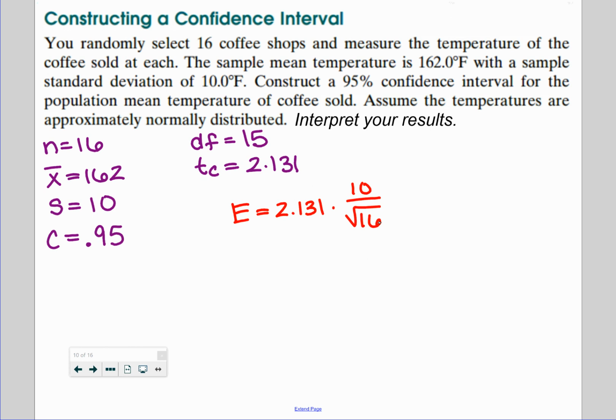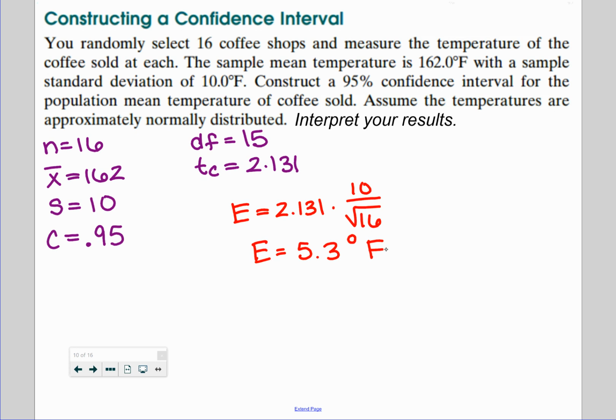And it looks like all my temperatures are rounding to 1 decimal place, so we're going to round our margin of error to 1 decimal place. Just going to follow whatever the data is saying as far as the rounding goes. I get 5.3. Good. Okay, and again, everything's temperature here, so the margin of error is 5.3 degrees Fahrenheit, if I'm going to label that.